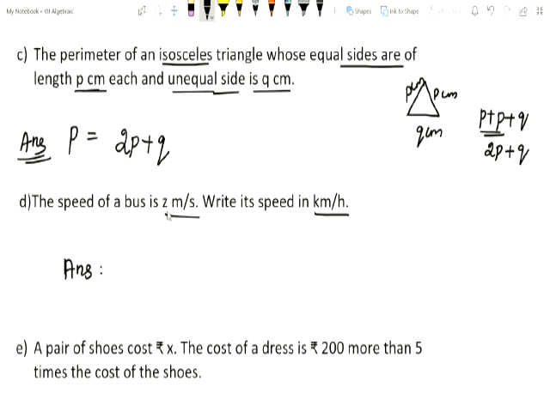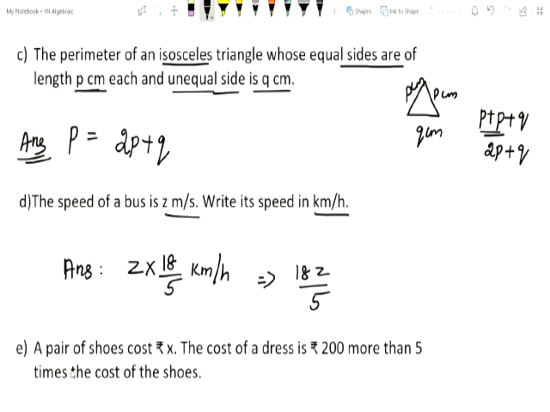So what will you write? Z into 18 by 5 kilometer per hour. So it is 18Z by 5. You understand, children? Do you have any doubt in this?